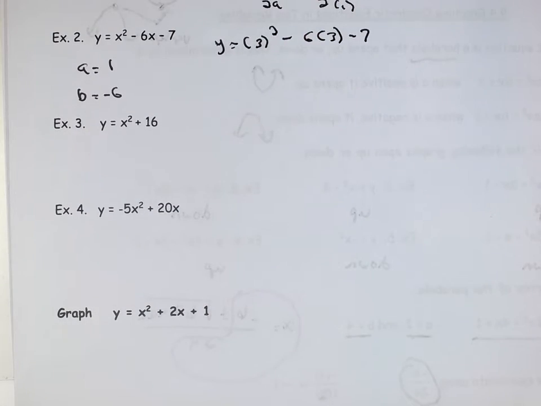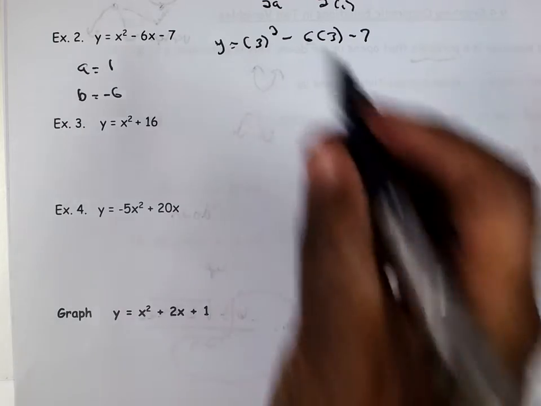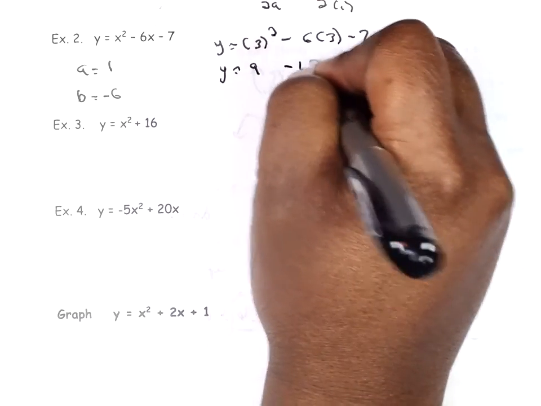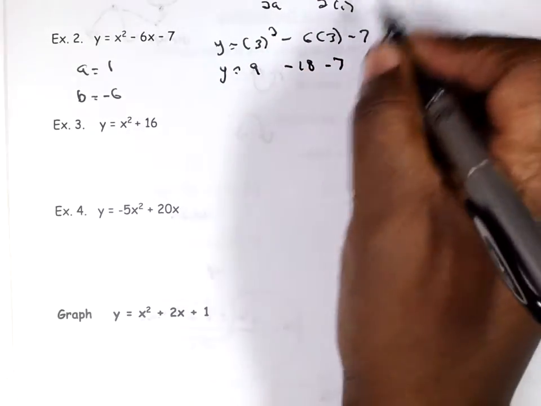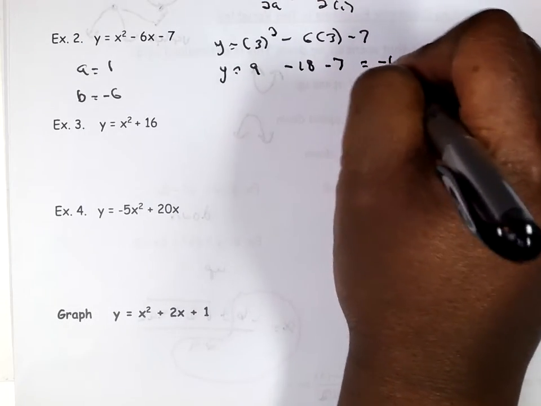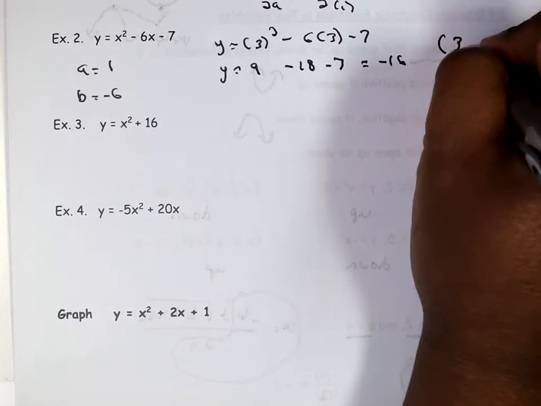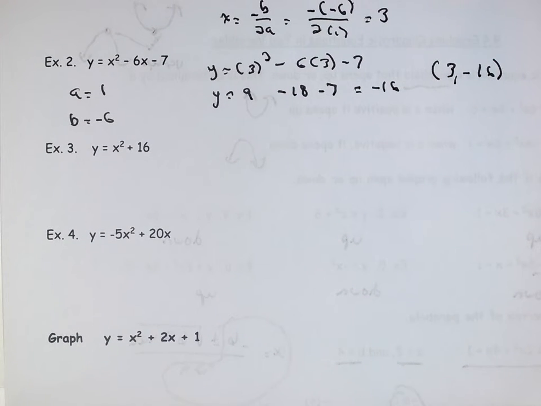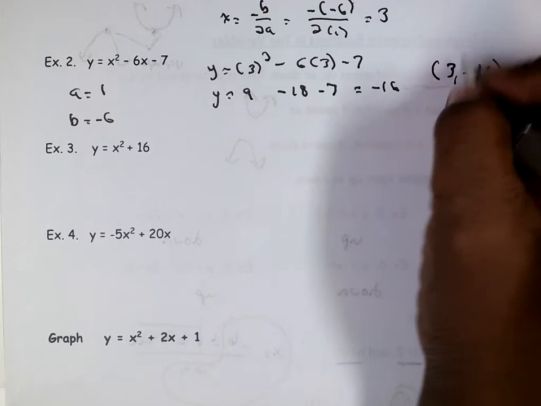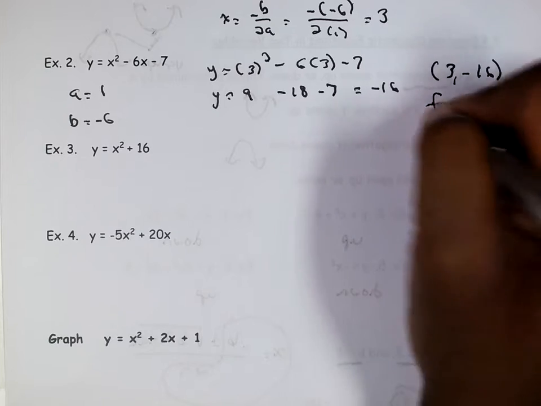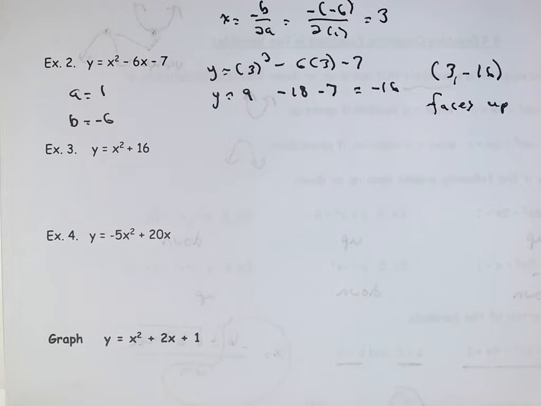So when I look at the y-coordinate, I'm plugging in 3 for x, and I get y equals 9 minus 18 minus 7. So 9 minus 18 is negative 9, minus 7 is negative 16. So the vertex of this is 3, negative 16. And this faces up. I know it's not asking you that, but I just want you to keep that in mind because we're going to build one more layer after this one.